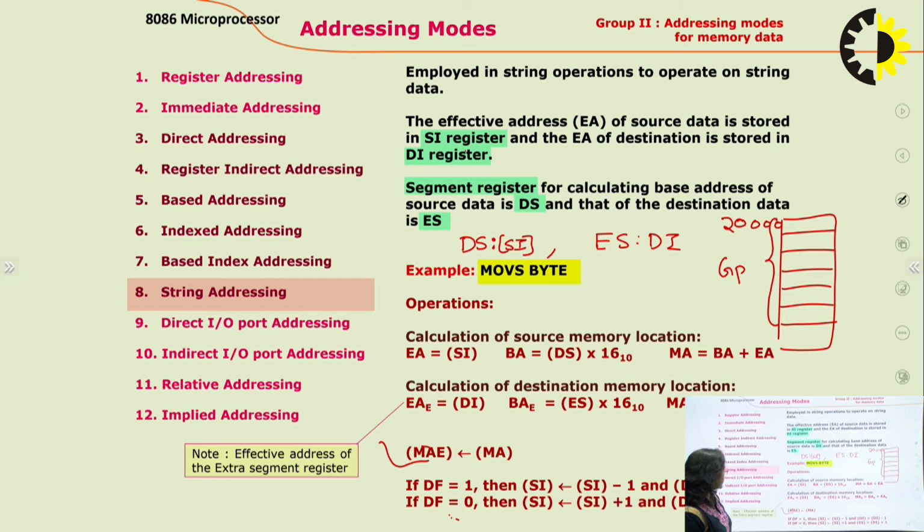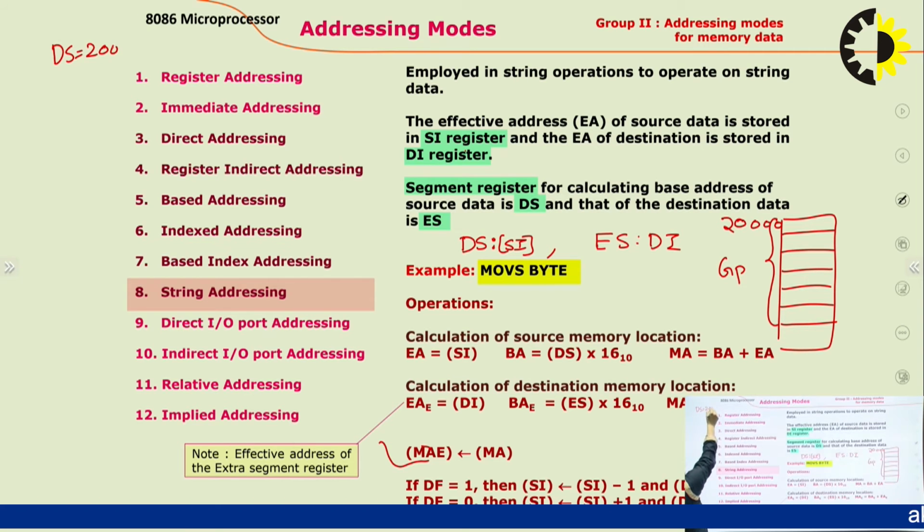So if we take an example, let data segment be equal to 2000, extra segment equal to 3000, source index equal to 4000, and destination index 5000.